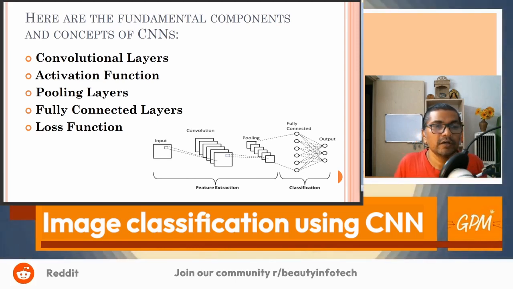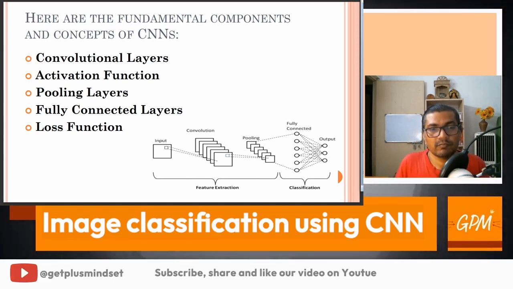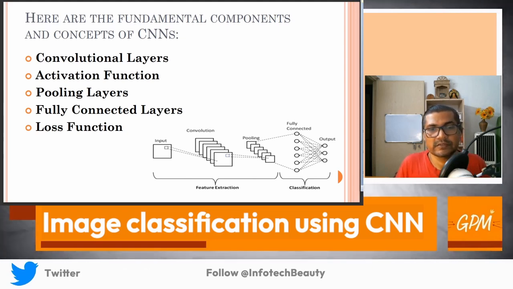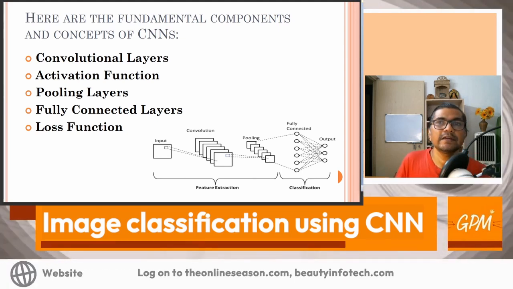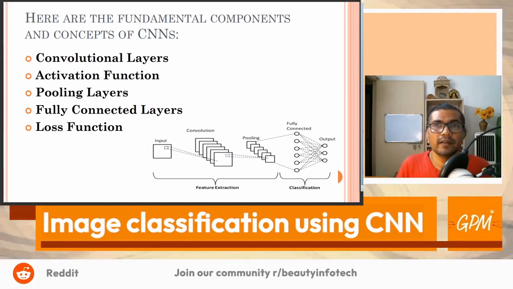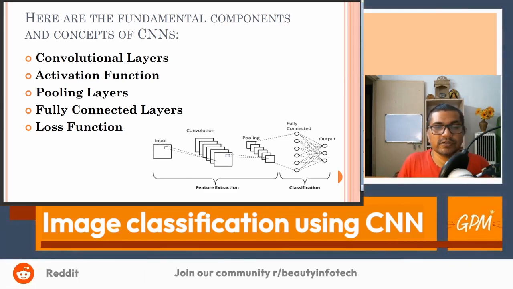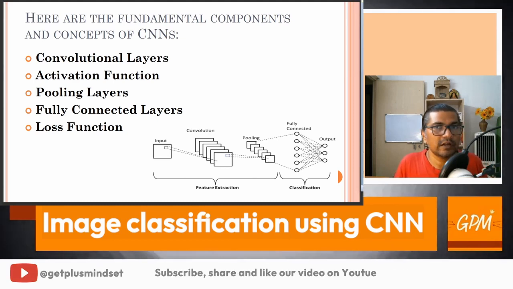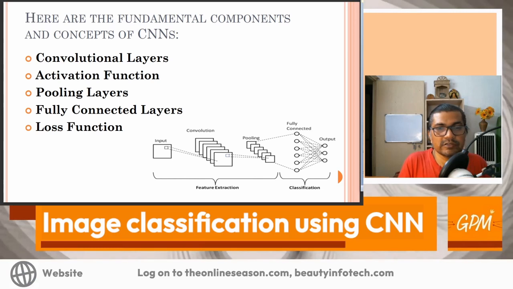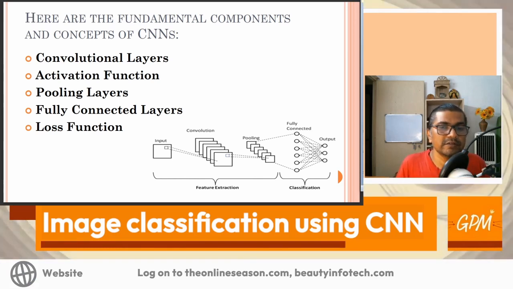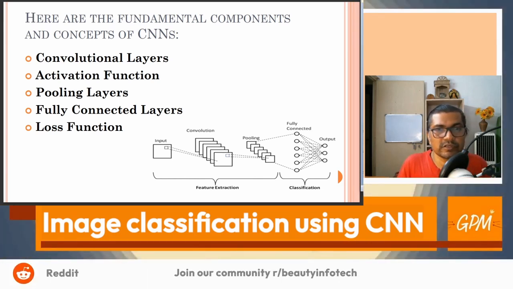The vector is then passed through fully connected layers, which perform traditional neural network operations, and these layers combine the learned features. So all the features learned from the previous layers help in making some sort of decision, and the output layer shows this decision.